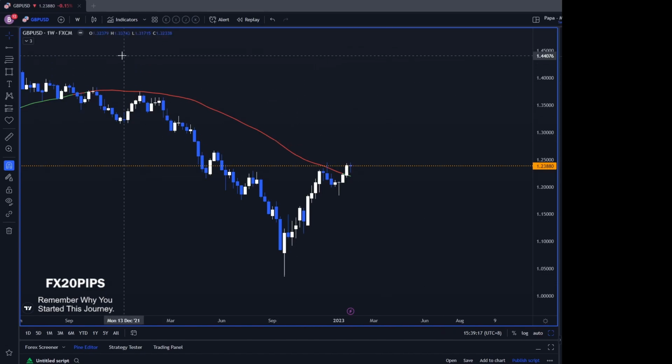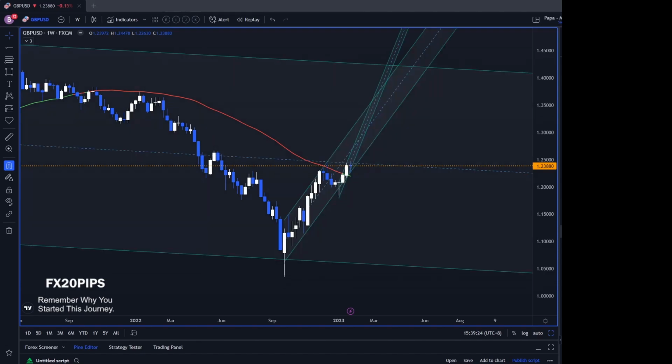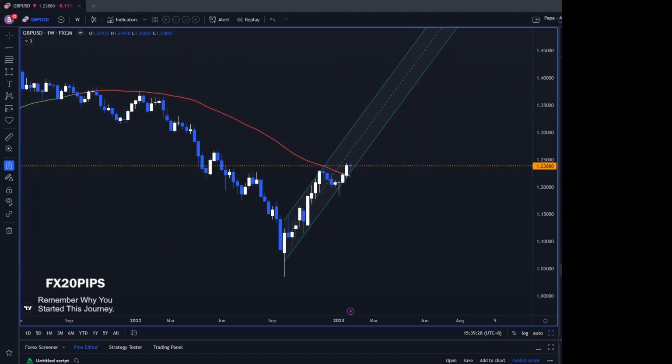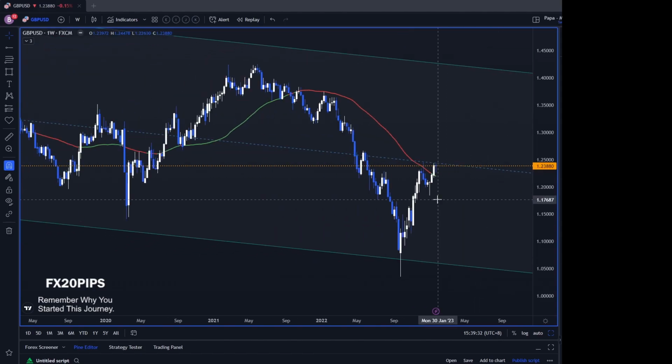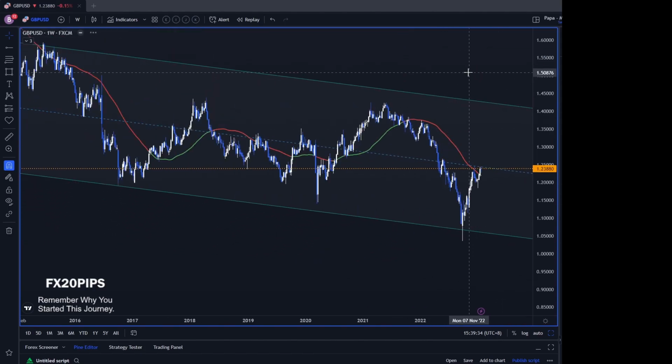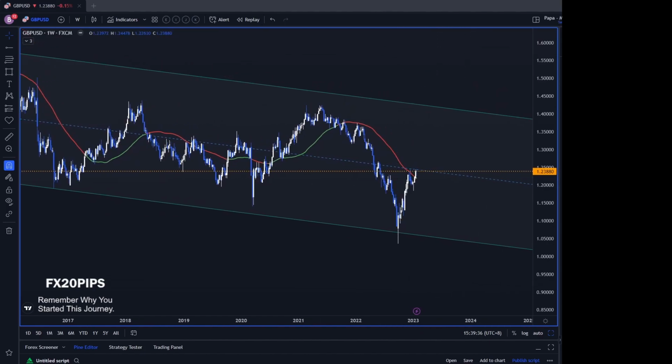Now let's see what else I can show you. Channel, maybe. All right. What do we have? Let's look at this. Weekly, we are still on a bearish movement, right?